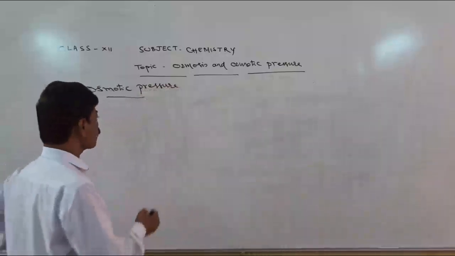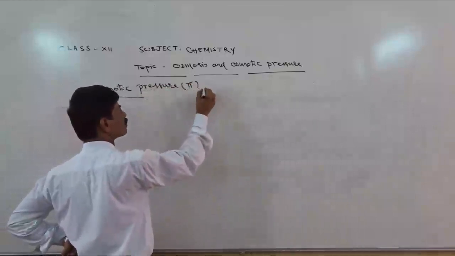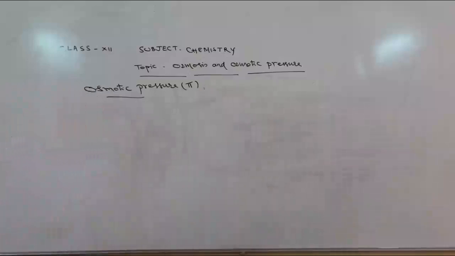Osmotic pressure is symbolically represented by pi. This is the symbol used to indicate osmotic pressure.